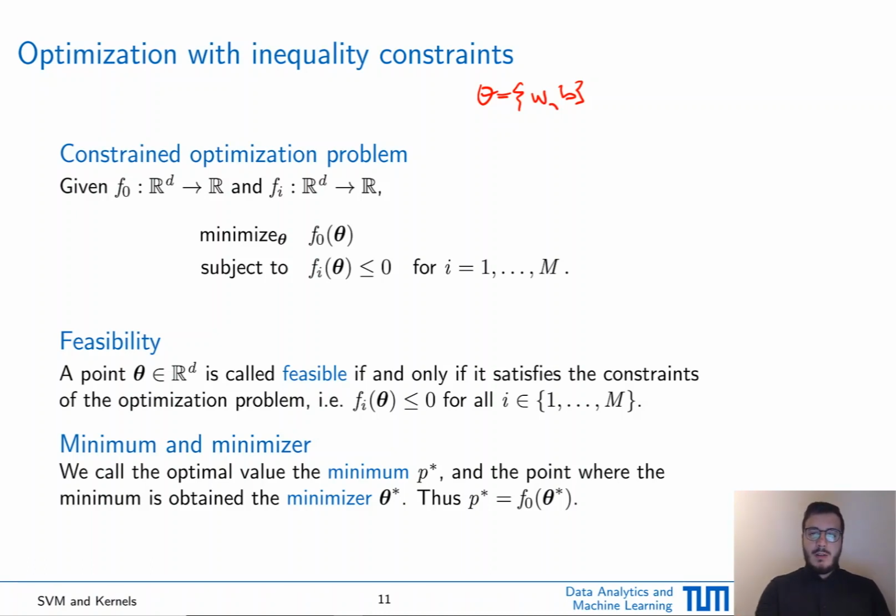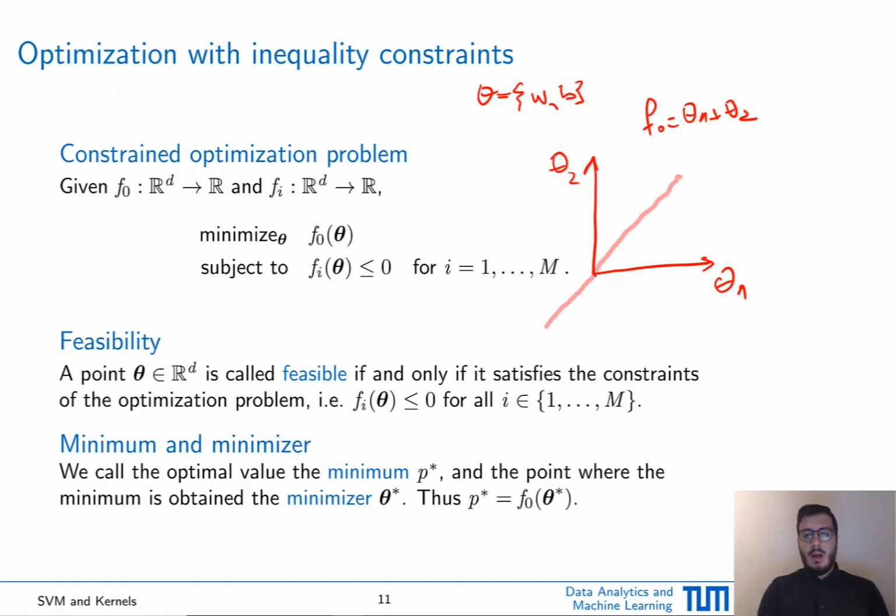So let's say we have two parameters, theta 1 and theta 2, and the function that we're optimizing is f0, which let's say is theta 1 plus theta 2. If we do not have any additional constraints and we want to minimize f0, basically the solution is minus infinity, because we can always go lower and lower and get a smaller and smaller value.